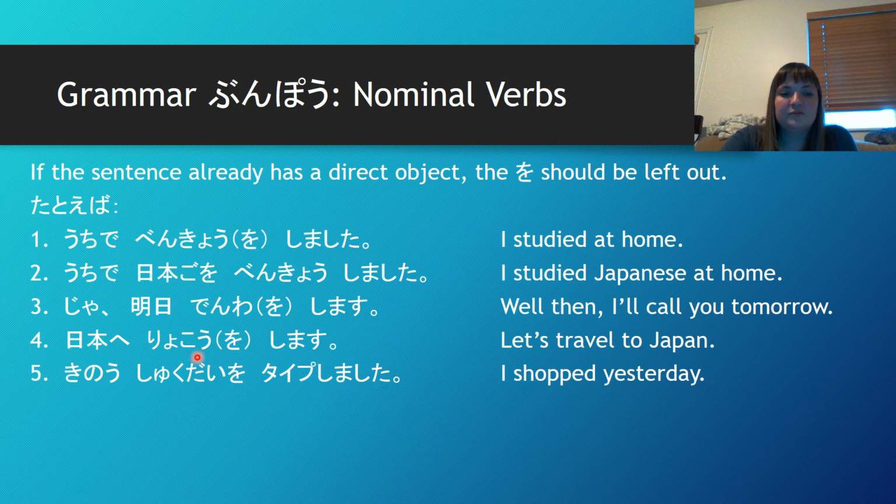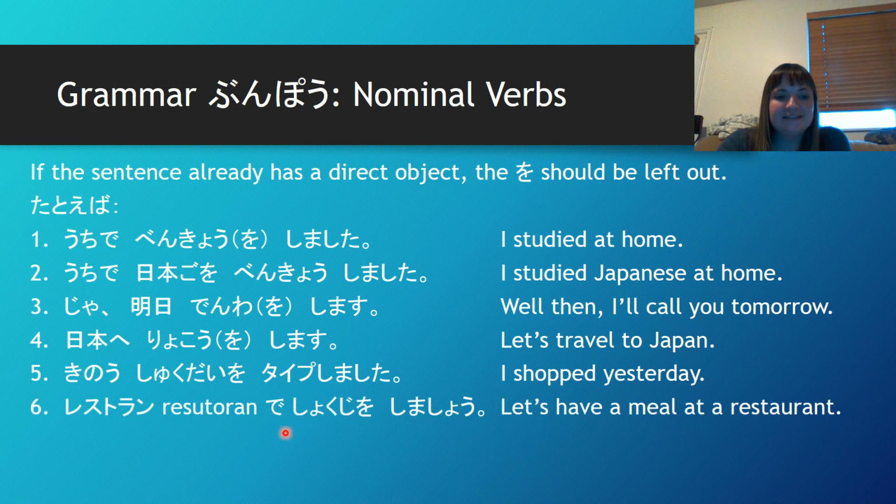So 宿題 is our direct object, right? Okay, our homework is our direct object, so we're going to have O after it. So we would definitely not want to put an O here, right? Because that'd be weird. But my English translation is off. Sorry, guys. It says I shopped yesterday. That's not the right word.